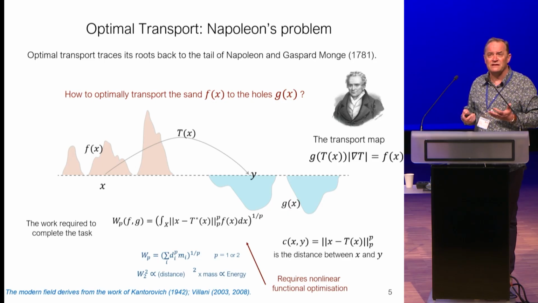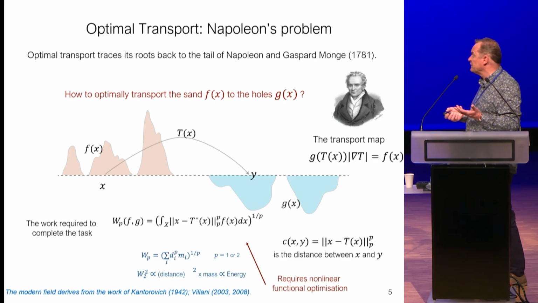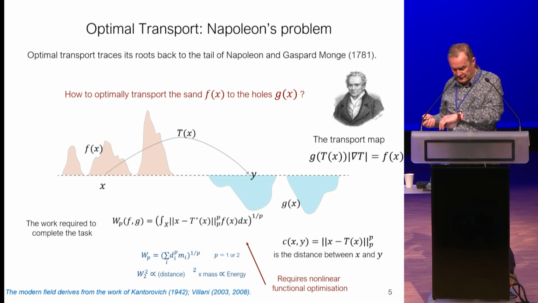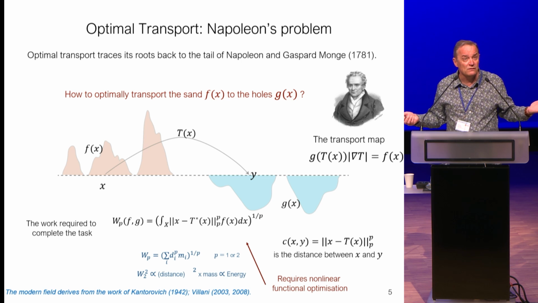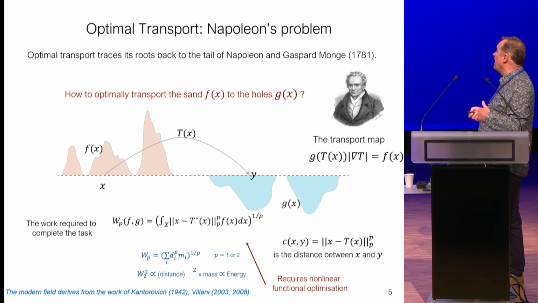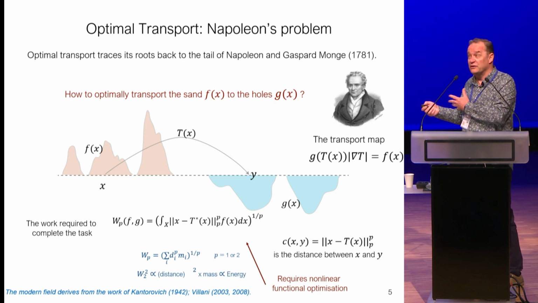The modern field of optimal transport dates back to Kantorovich's seminal work in 1942, for which he eventually won the Nobel Prize for Economics, and Villani's work, 2003-2008 books, where he won the Fields Medal, all on work related to optimal transport, or as it was called then, optimal transportation.